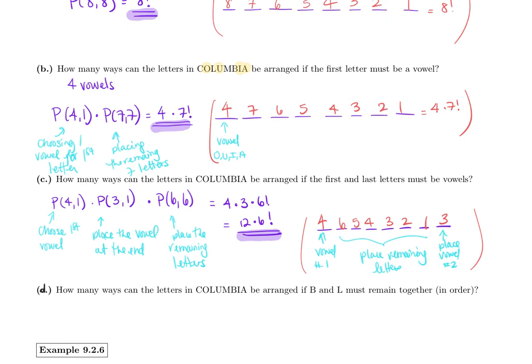And for part D, it says how many ways can the letters in Columbia be arranged so that B and L must remain together in order.